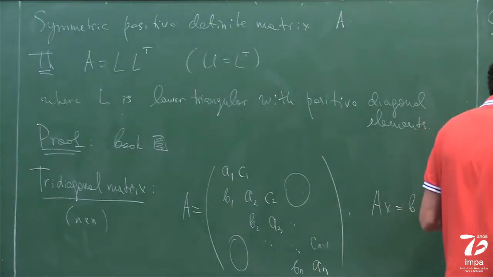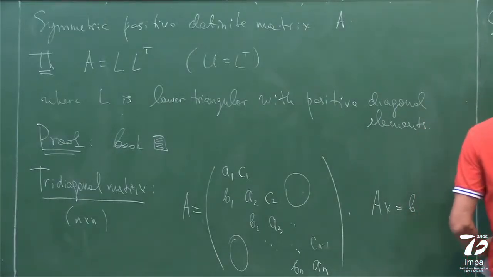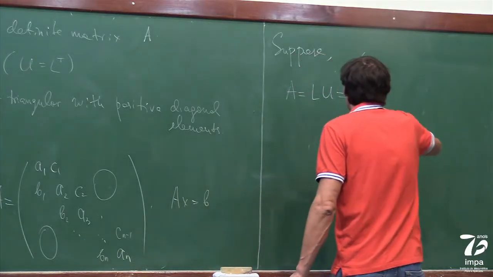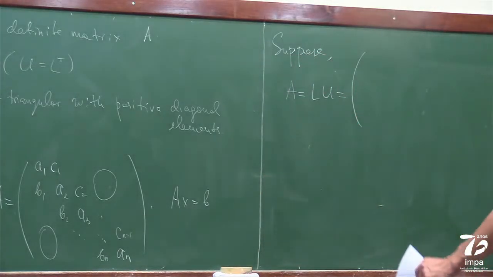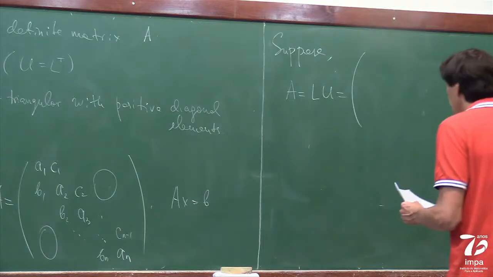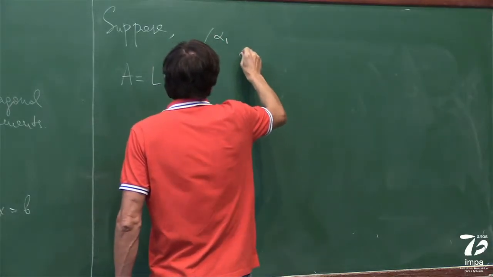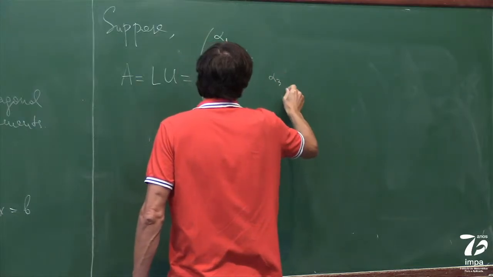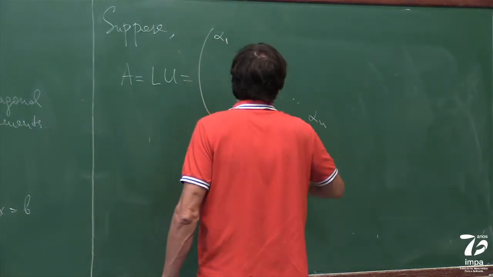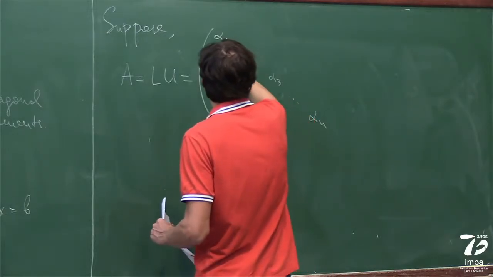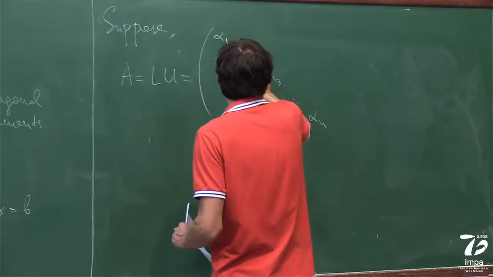and when it works. Suppose that A has an LU decomposition of a very specific form. So L is lower triangular. We have on the diagonal alpha, and then below we keep the same b that was before.